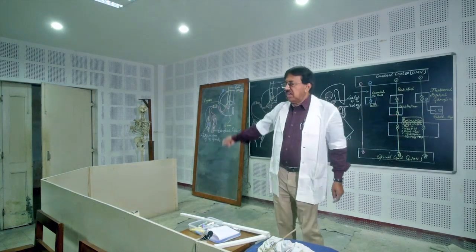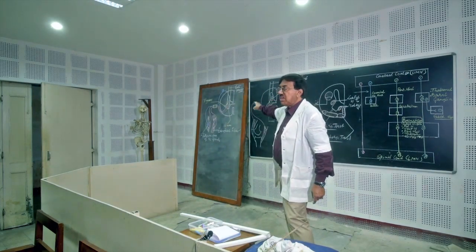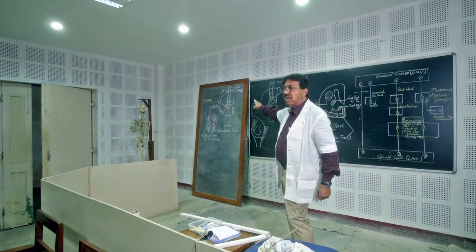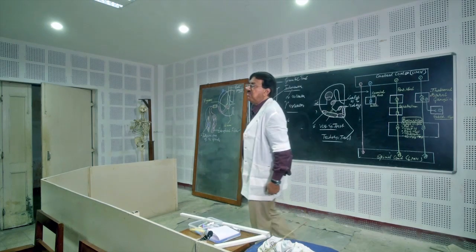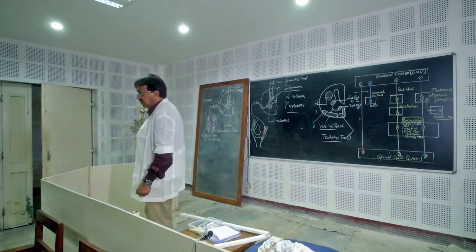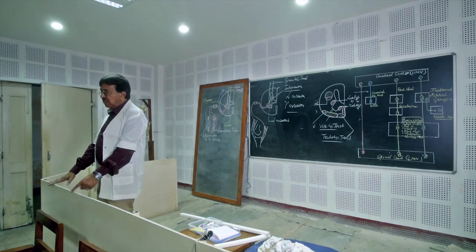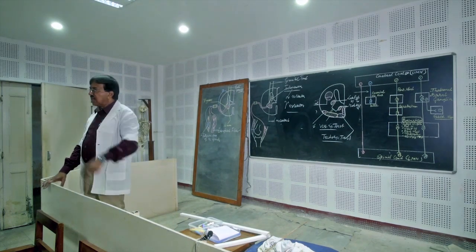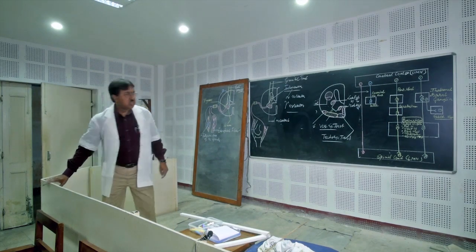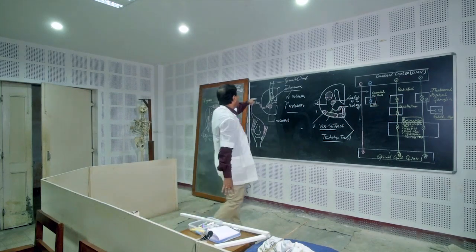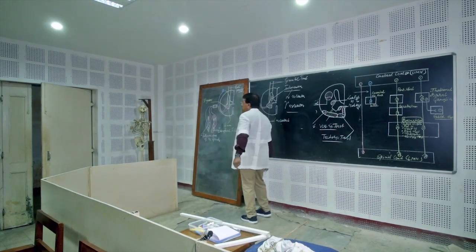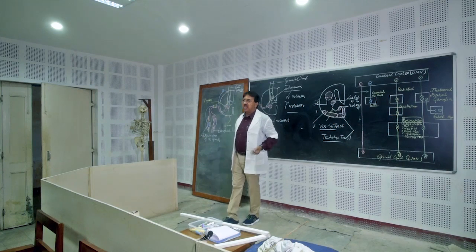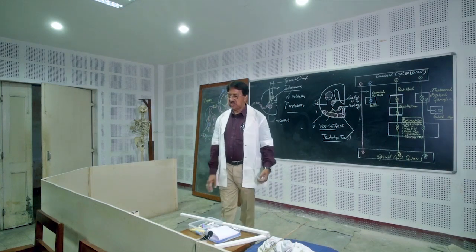So the extrapyramidal tract has an inhibitory influence on the gamma motor neuron. Having influence on both the alpha and the gamma motor neuron, it modulates this action. That is why in extrapyramidal lesion it happens like this.